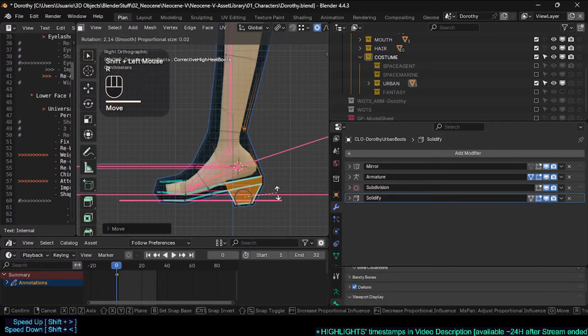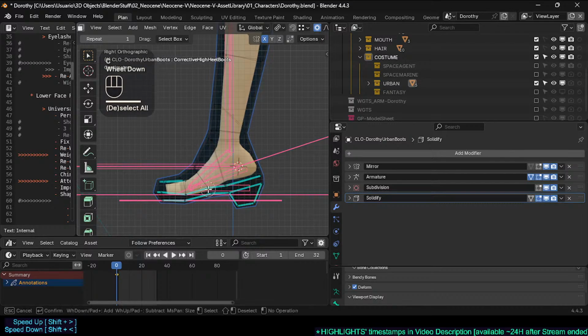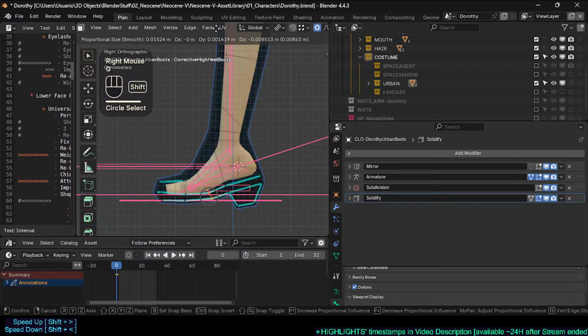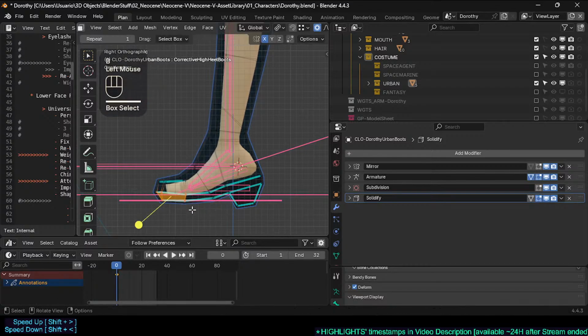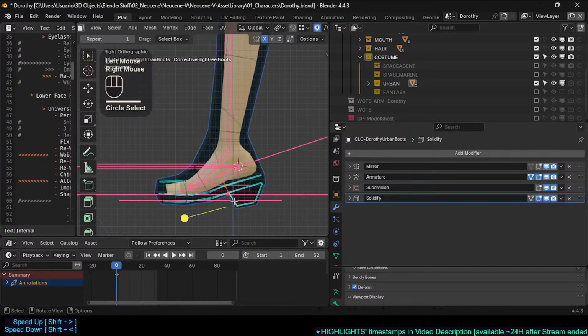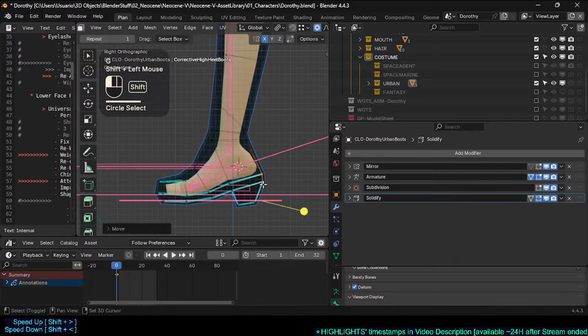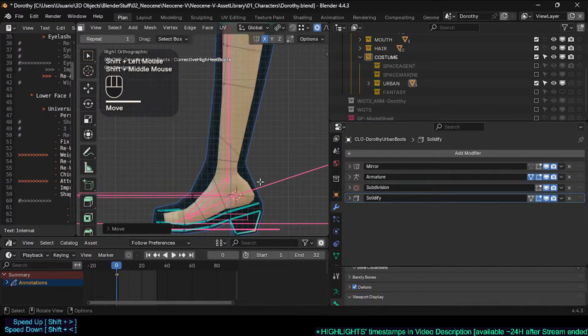So here anyways we're gonna make this interpenetration, clipping, on purpose. We're gonna make the high heel boots intersect with the ground, which is the way that we can achieve this, in this case the corrective shape key.